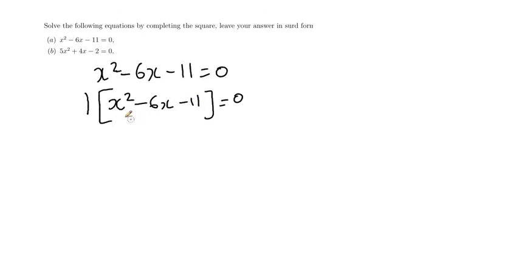So let's proceed. The next thing that you look at is the middle term, and then you look at its coefficient. Once you have that coefficient, negative 6, you multiply it by half.